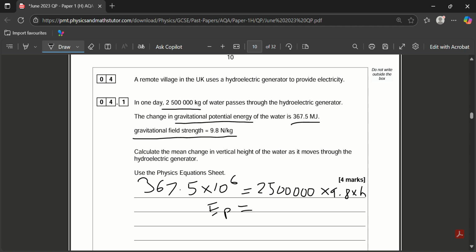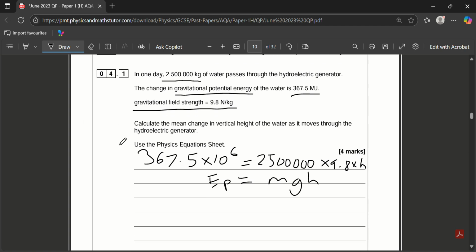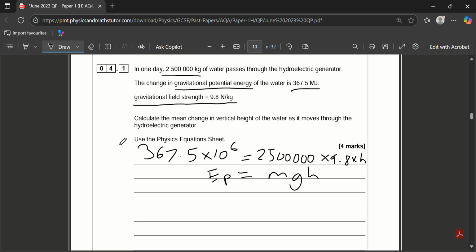I should probably write down the equation first to make it clear to the examiner what we're doing. And this is basically what we're doing. So we can rearrange for h to be gravitational potential energy over mass times gravity, and h will come out to, if we throw it into a calculator, one sec guys, h is 15 meters.